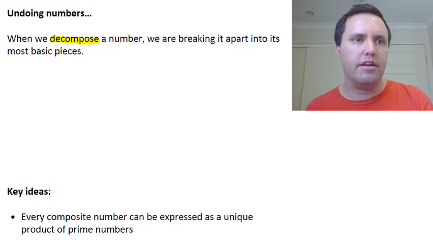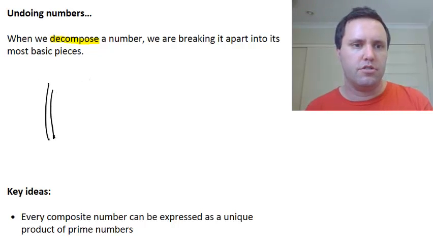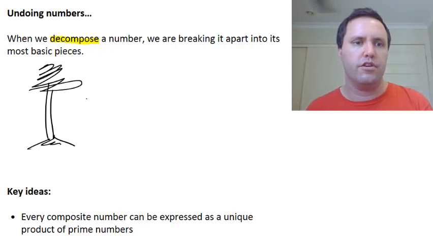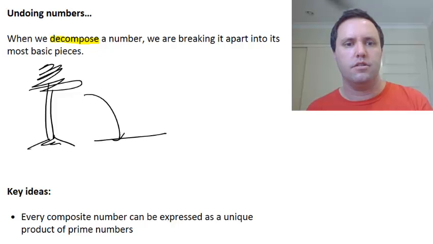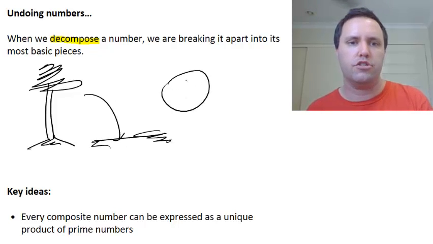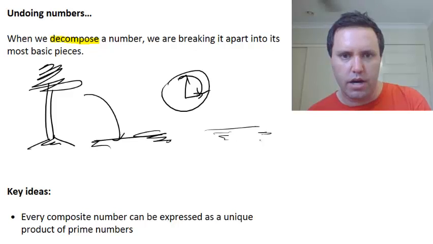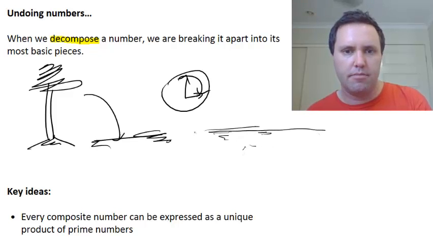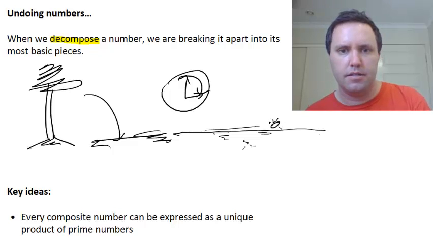Think of that idea as living things decompose. We have this nice tree, and the tree falls over, maybe, and then over time we end up getting this tree that rots away. Maybe bugs come and eat it.